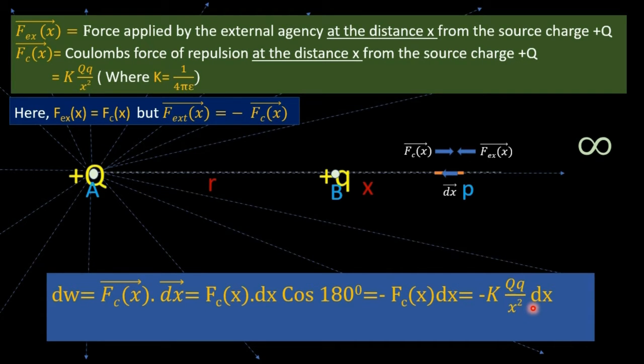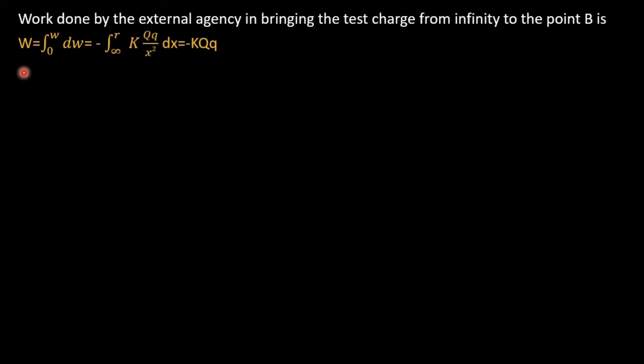Now we are in a position to find the total work done in displacing the test charge from infinity to the position B, which is at a distance r from the source charge. Now the work done by the external agency in bringing the test charge from infinity to the point B is W equal to the integration of dW.